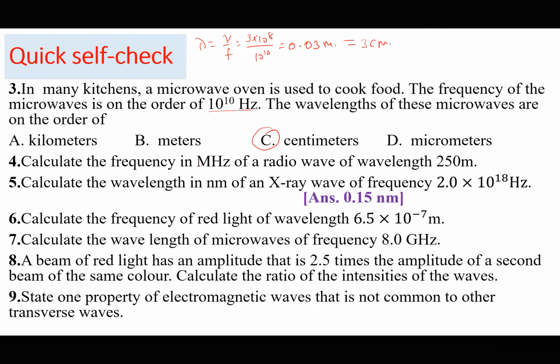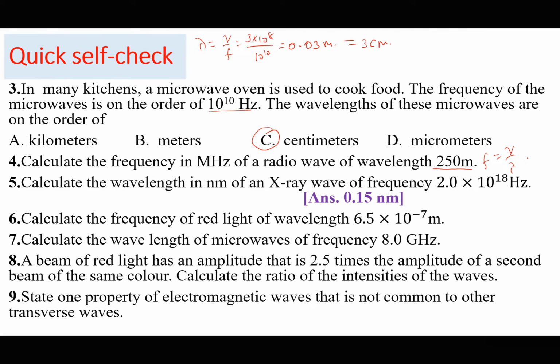Then calculate the frequency in megahertz of a radio wave of wavelength 250 meters. You can just press your calculator and find the frequency from v over lambda. Then you just divide by 10 to the power of 6 to find it in megahertz.